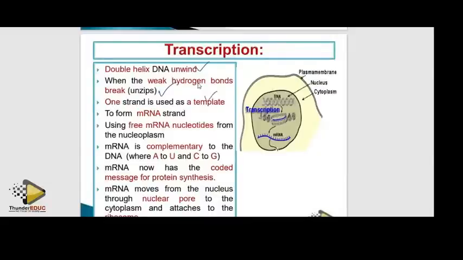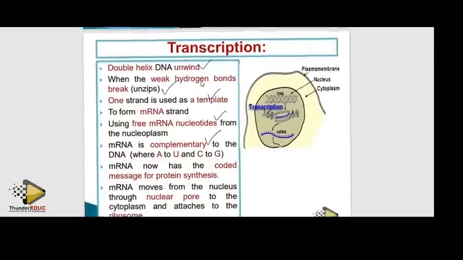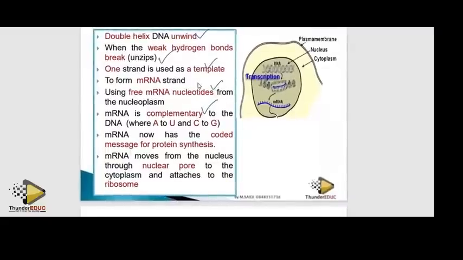One strand. This is very important. Sometimes they say two strands. No. One strand will act as a template for messenger RNA, using the free messenger RNA nucleotides. Then the messenger RNA is complementary to DNA, whereby A goes with U and C goes with G. Remember, this is transcription.